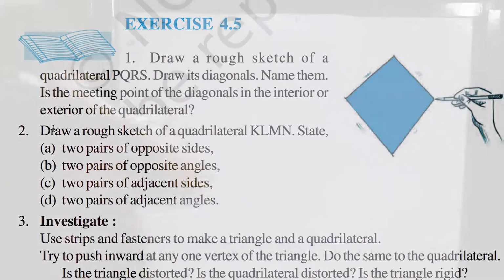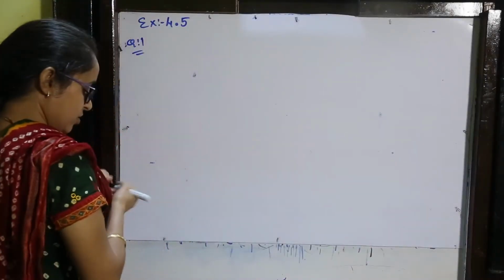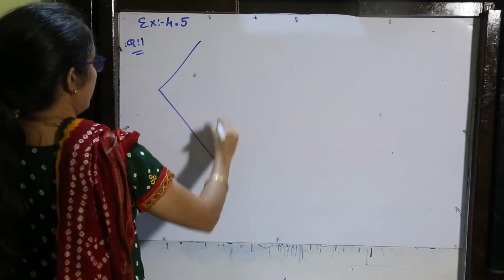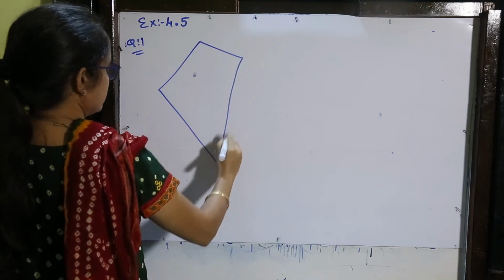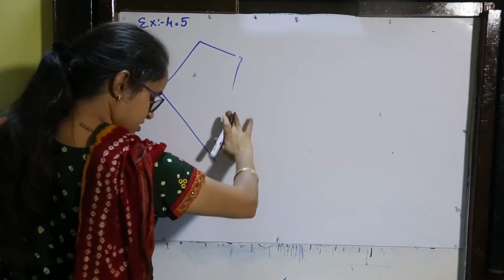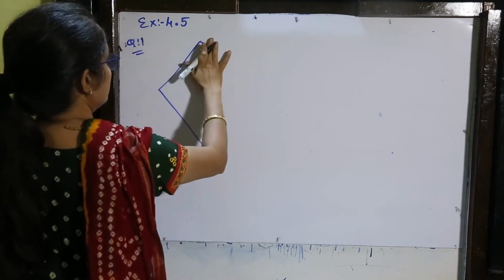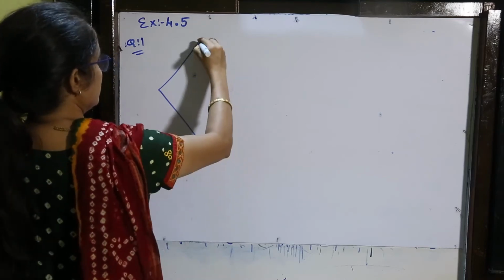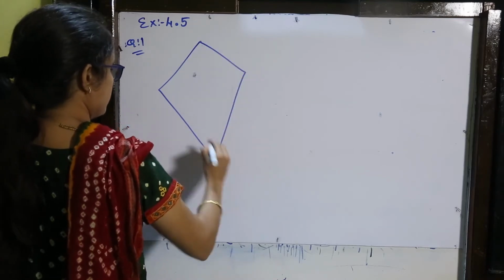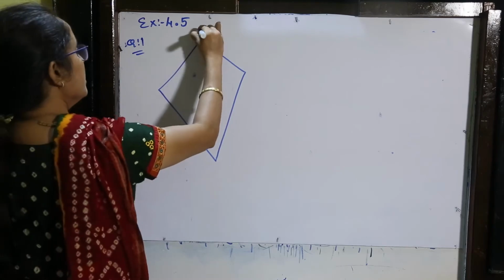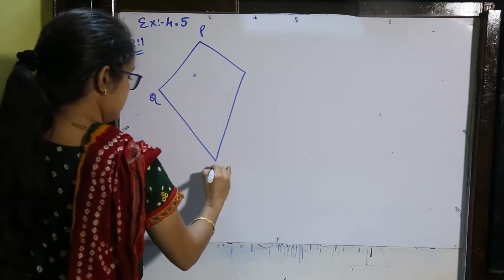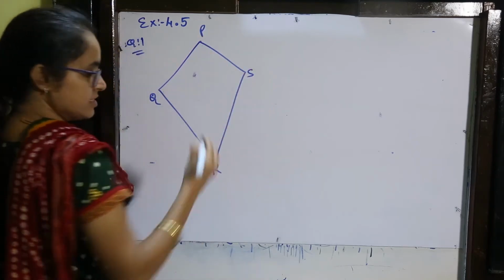Now I am drawing a quadrilateral with diagonals PQRS, something like this. You draw along with me. This is a diagonal. PQRS.